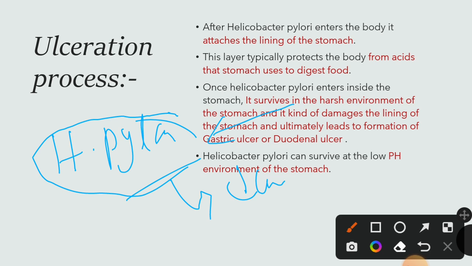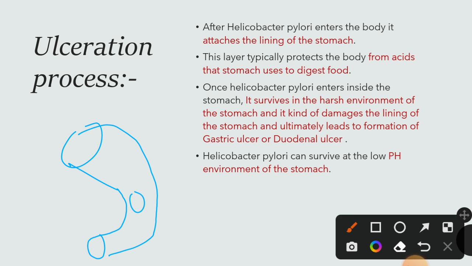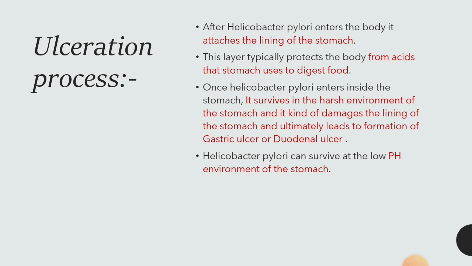So let's talk about it. First, after entering the body, it will attach to the lining of the stomach. By attaching to the lining of the stomach, Helicobacter pylori facilitates some reactions and steps that ultimately cause leakage of those acids from the stomach via those linings, and as a result it facilitates ulceration.